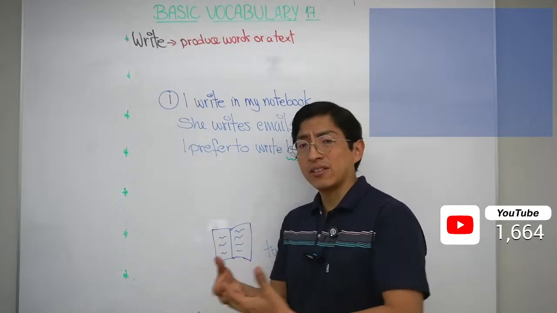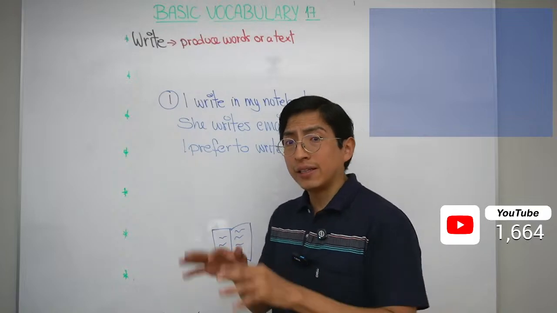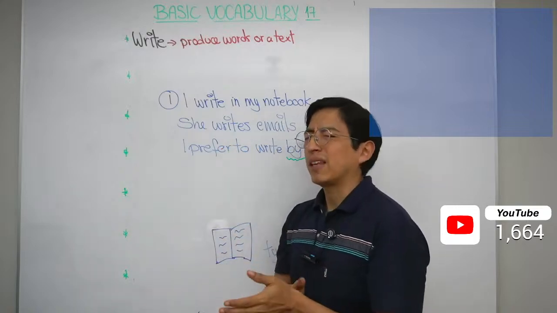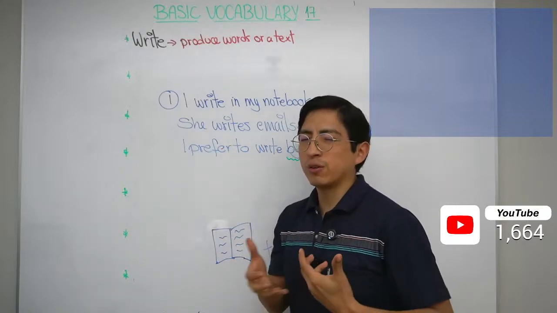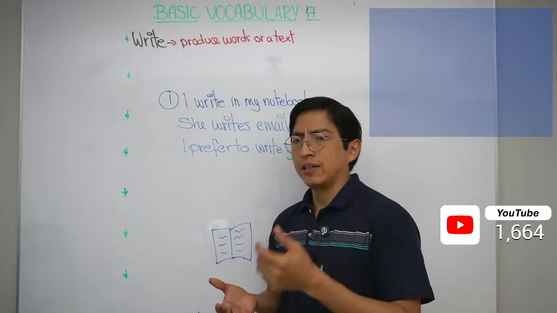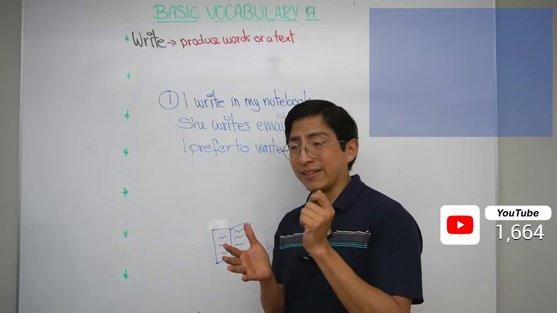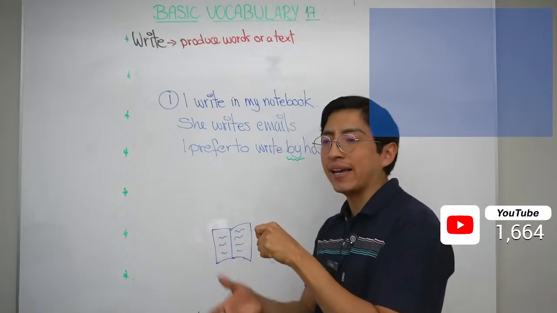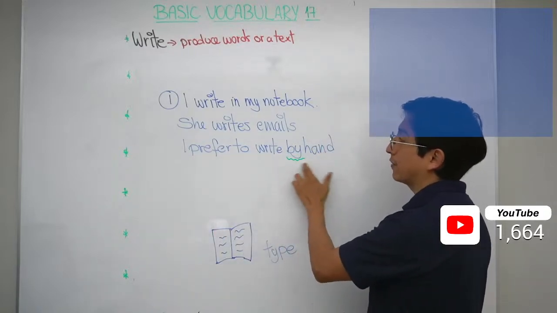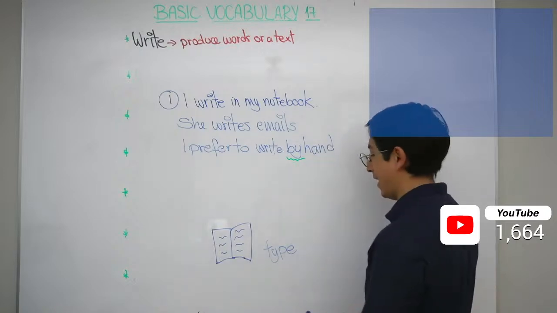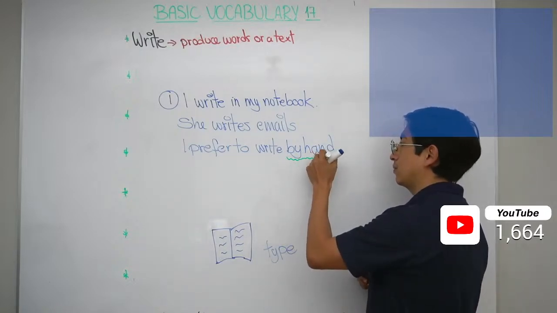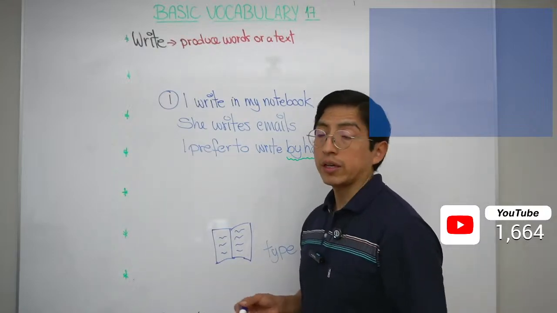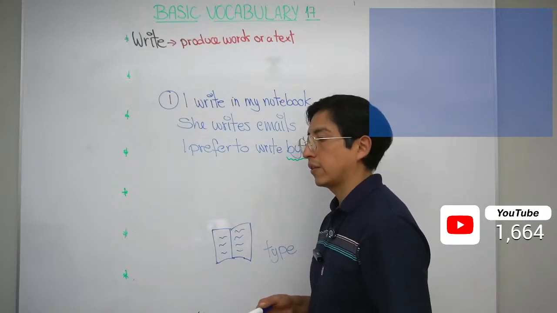They take their laptops with them and start writing what's on the board, or just take a picture. But if you're old school, maybe you feel more comfortable with a notebook and a pen, and you start writing by hand. So this is the expression that we have here: to write by hand. Let's underline this because this is something very nice. We can also say to write a comment or write something like that.